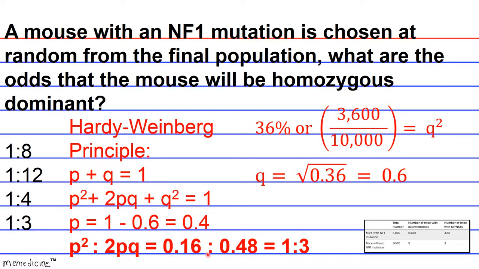And this ultimately simplifies to an odds ratio of 1 to 3. Okay, so that's our final answer. The odds of choosing a mouse with an NF1 mutation that is homozygous dominant in its genotype is going to be 1 to 3. So you're 3 times as likely to choose someone who's heterozygous.